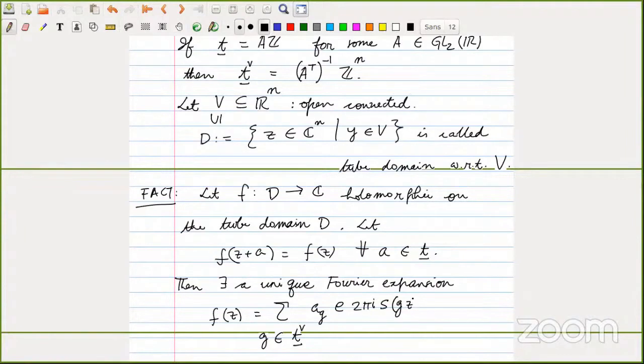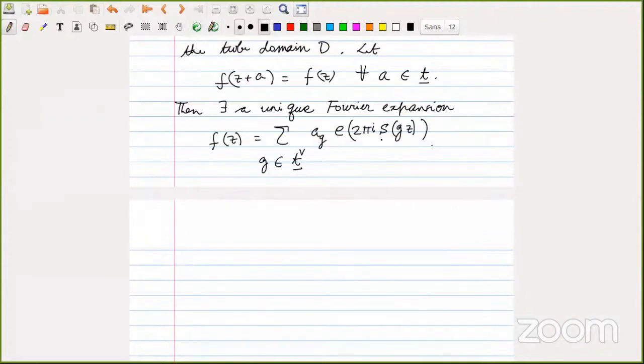Here e is nothing but the exponential, and s of gz, as I have already defined, is the sum of all the coordinates present inside gz.